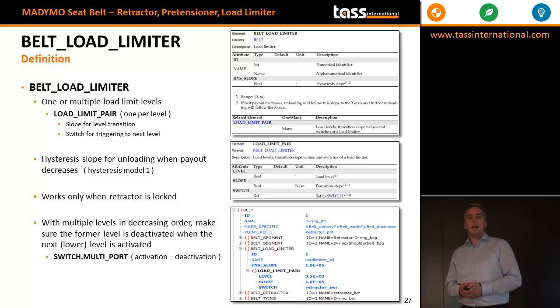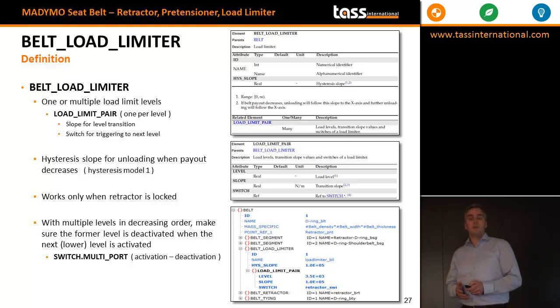With belt load limiter as a keyword to define the load limiters, you can define load limit pairs. That means for each load limit pair that you define, you can define a certain load limit level. In a load limiter, you can have multiple levels, so you can have multiple load limit pairs. When load limiting occurs, after that in the unloading phase, so when the payout decreases, it will unload again with hysteresis, and for that you will define a hysteresis slope.